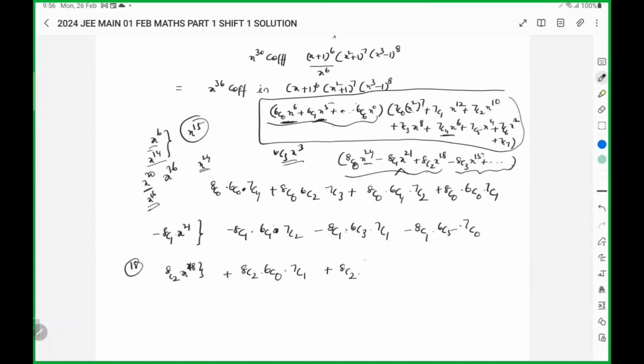With the even terms only possible, that is 6C2 x power 4, 14 we require. 8C2, 6C4, and 6C4 means x square. We require x power 18. If I take x square, 14 is not possible. Only this many terms you have.